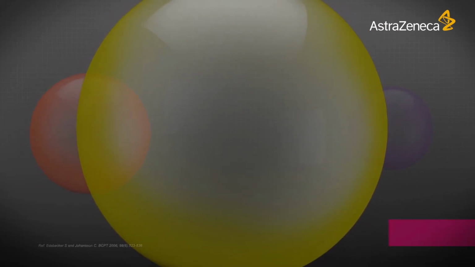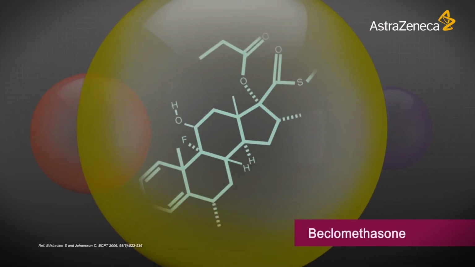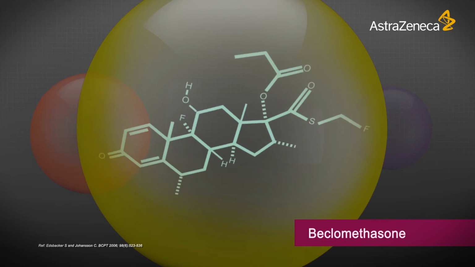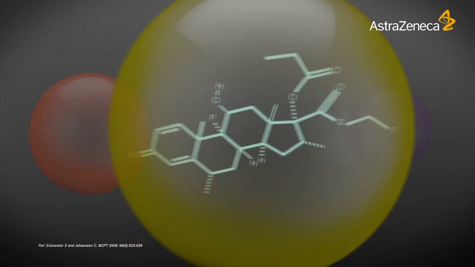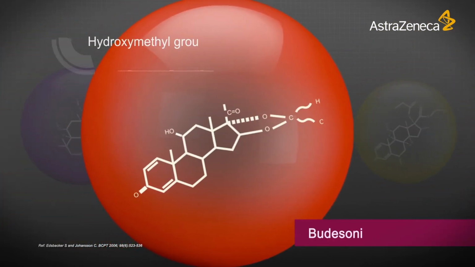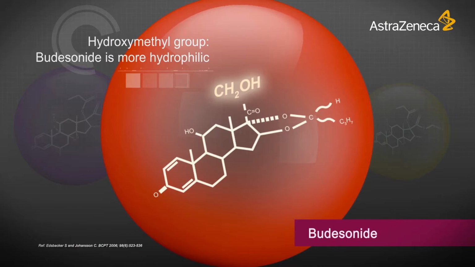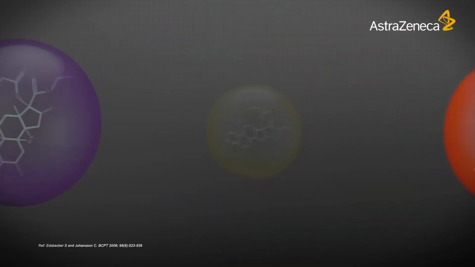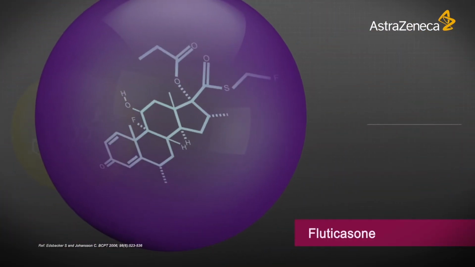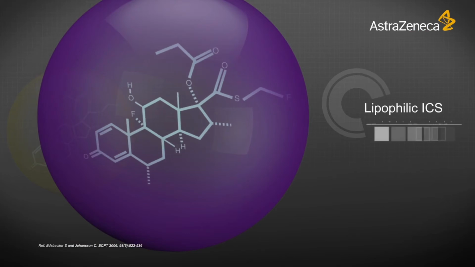Every ICS has a unique molecular structure which determines its lipophilic characteristics, affecting the rate of absorption and clearance. For example, budesonide is more hydrophilic due to the presence of the hydroxymethyl group at carbon 21, while fluticasone is more lipophilic.